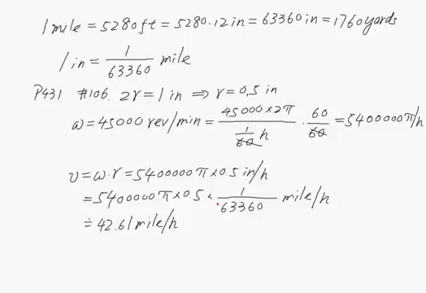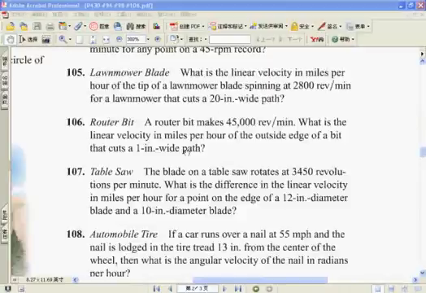Okay, this problem involves a lot of conversion. First, you need to read the problem carefully, understand what the problem says, right? It says we have a round bit, and you need to know how a round bit looks like, right? And then you need to convert this angular velocity to radian per hour, right?